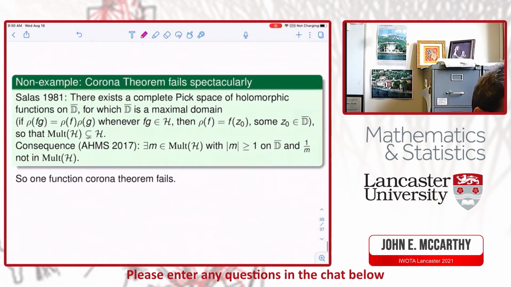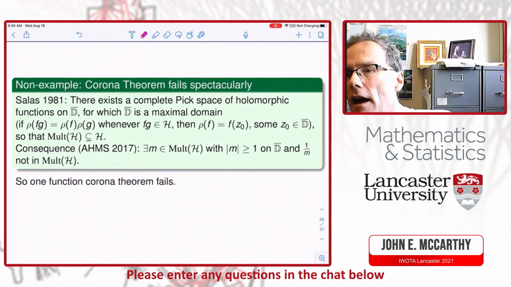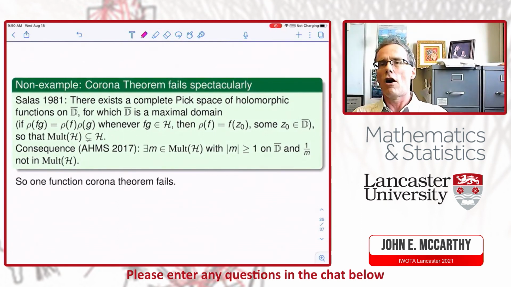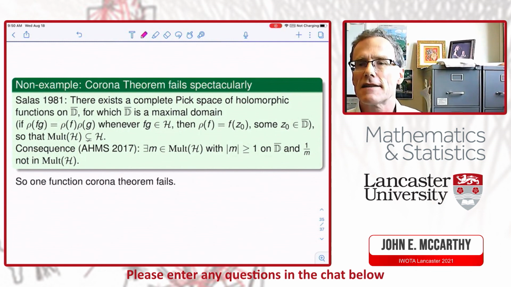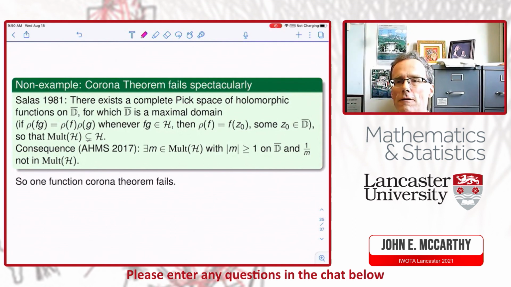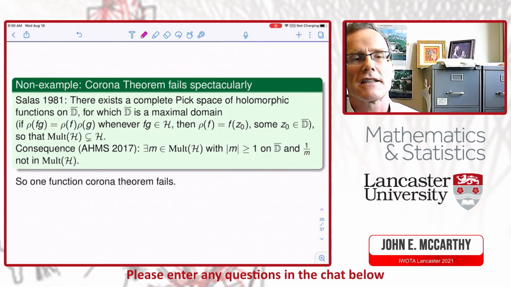And finally, let me close with the only example I know of a property that the Hardy space has that doesn't generalize to complete Pick spaces, and that's the Corona theorem. The Corona theorem fails spectacularly in complete Pick spaces.